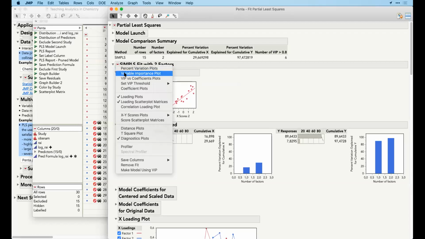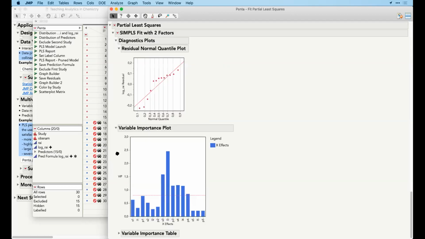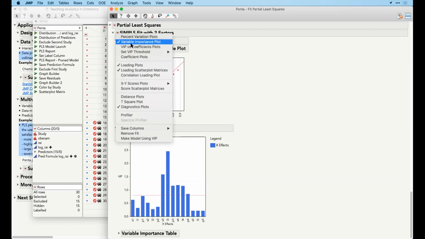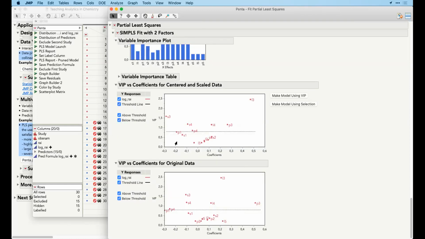I can look at the variable importance plot, and everything above 0.8 is considered important, explaining the latent structure. So VIP stands for variable importance for the projection. This is about the projection. But it's also important if a variable is important for the modeling, as the regression coefficient.